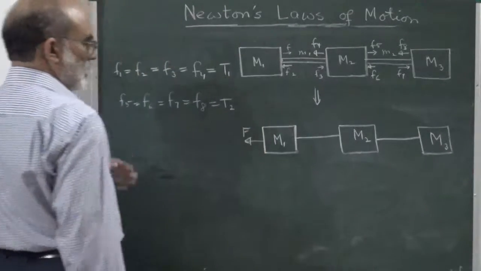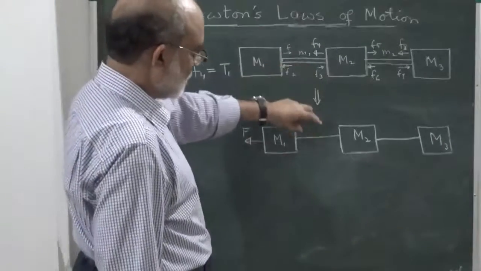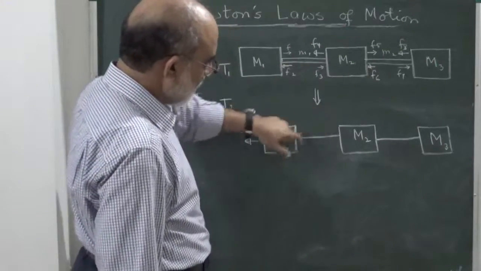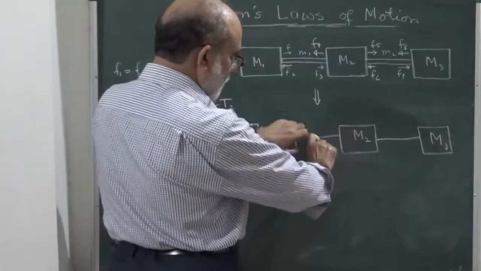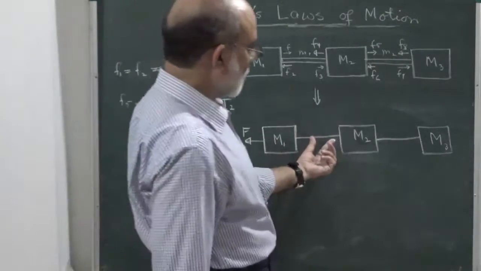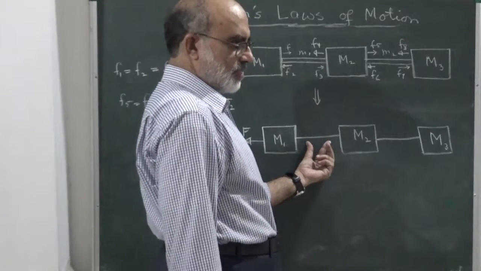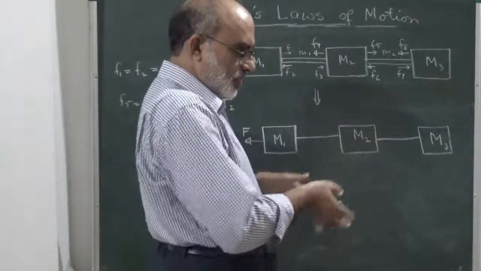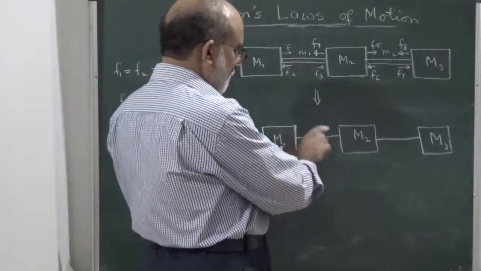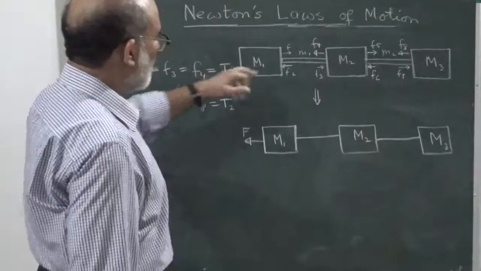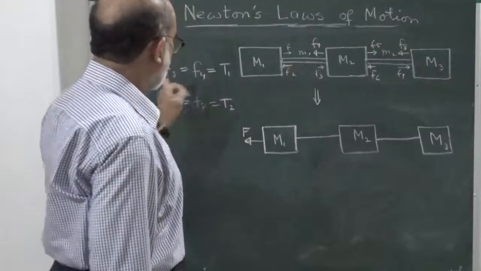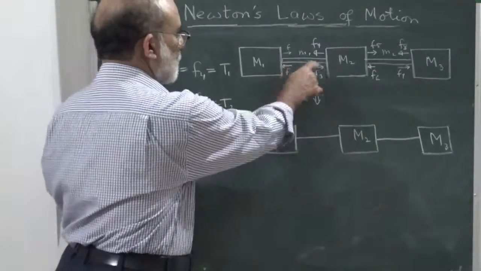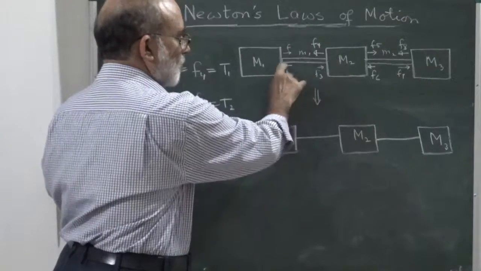If there is no mass, the string acts as an agent which transfers the force from this block to this block, because it has no mass, no inertia. It will not keep some of the force for itself. It will just simply transfer it. So this force which is here is being transferred: F1 is equal to F2 and F2 is transferred to F3, the whole force.